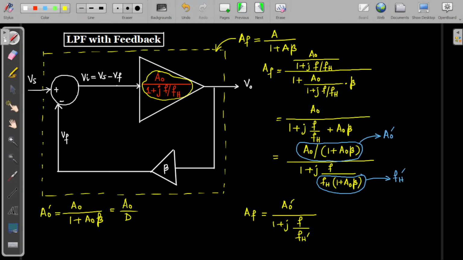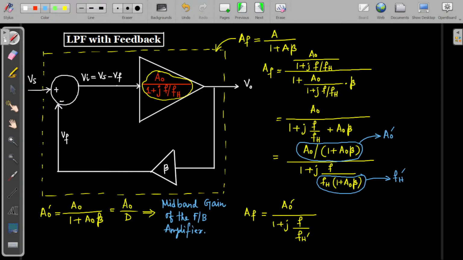A0 dash is nothing but the mid-band gain of the feedback amplifier. Hopefully you know what mid-band gain is. We have discussed this in the offline classes. So this is the mid-band gain of the feedback amplifier.